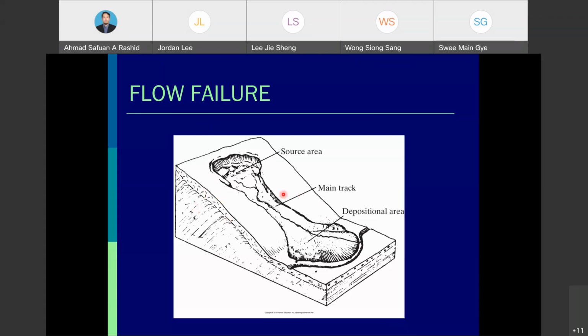To minimize the effect of this event, the UTM and USM team has been asked to provide a concept design of a sabo dam. So the government will construct a sabo dam to minimize the effect from this debris flow.